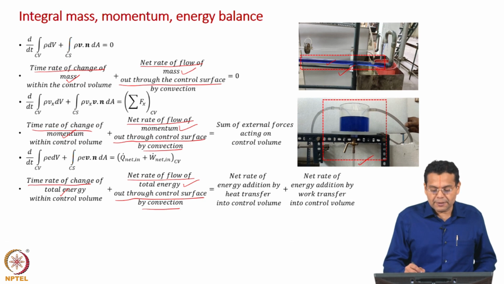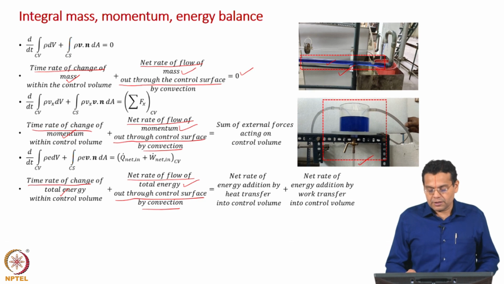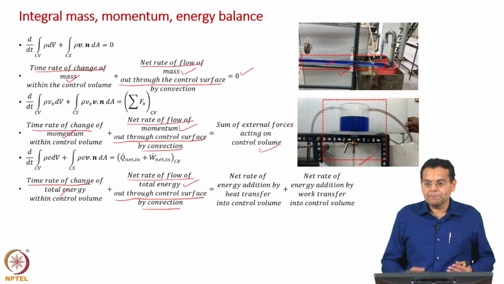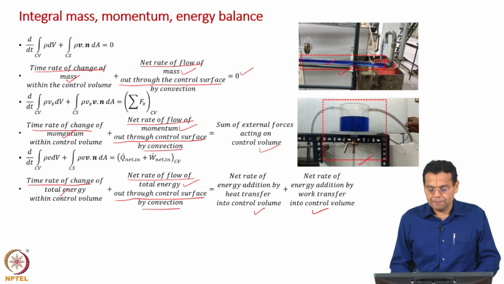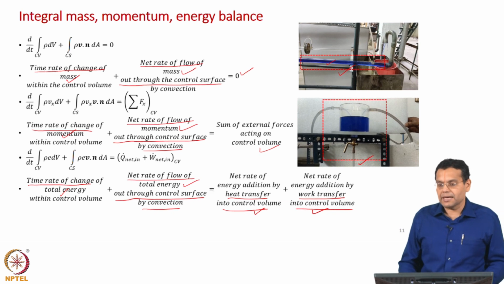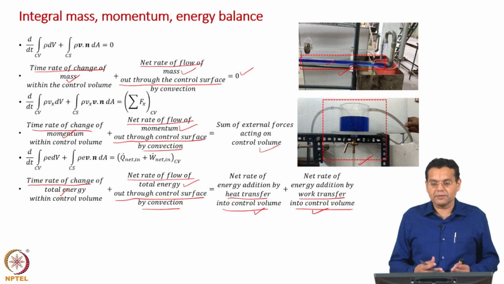For the total mass balance it is 0, for the linear momentum balance it is sum of external forces acting on the contents of control volume, and for energy balance it is net rate of energy addition by heat transfer and work transfer into the control volume. The right hand side terms are of course different, but left hand side terms are all very analogous.